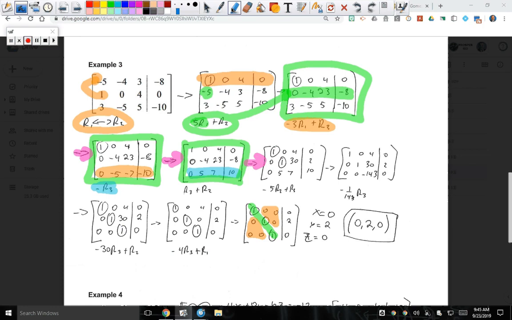Here we go. I'm going to do a negative 5 row 2, add it with the row 3, and that will now get me this. So the next matrix, running answer, is this. So on and so forth, all the way until you get to 0, 2, 0.